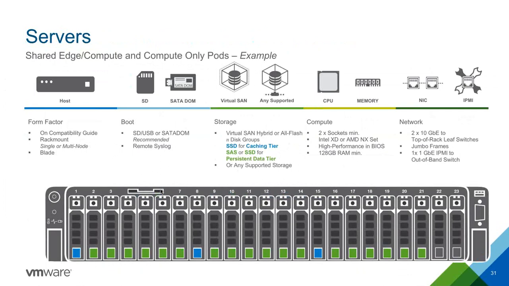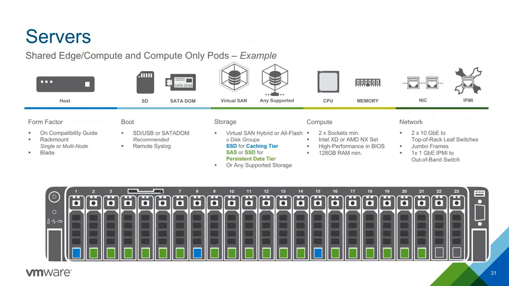And of course, CPU and memory is really up to you. Most folks I see start at least 128 gigs of RAM at a minimum. But you're really going to want to size these edge and compute pods specifically for your workloads. We're not prescriptive on the compute pods. We'll give you some guidance on how to set them up, but we're not prescriptive because our customers and partners are the ones who understand the application workload best themselves.